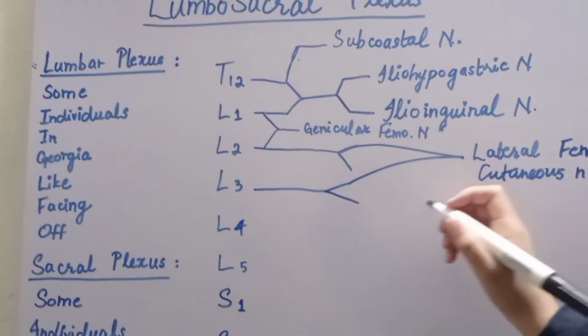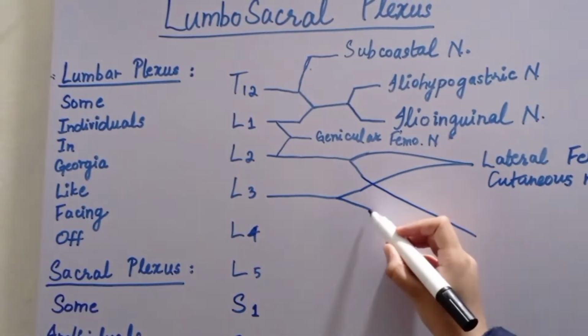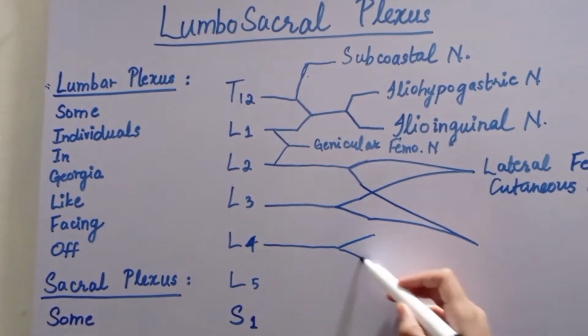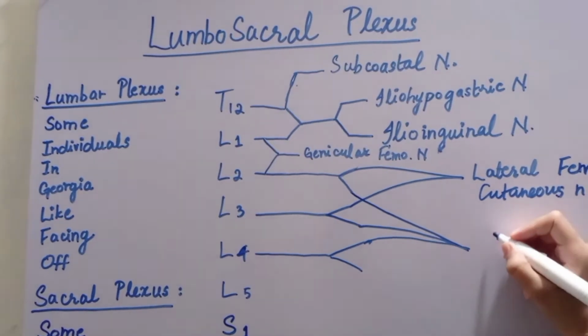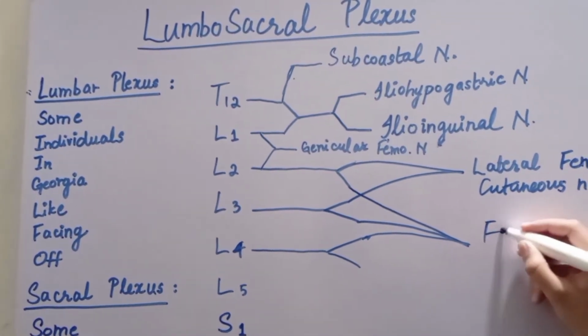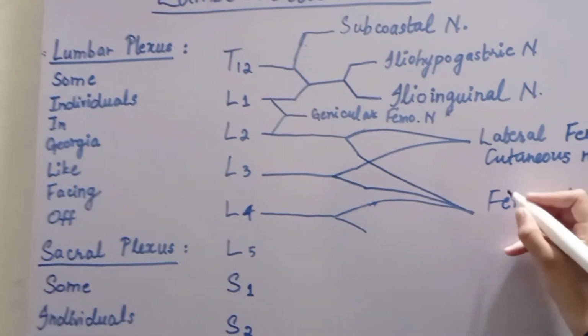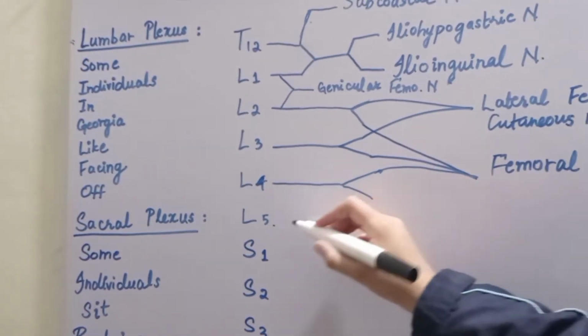Now let's take the posterior branches of L2 and L3 and the anterior branch of L4 and combine them together. This is going to be the femoral nerve. The posterior branches of L2 and L3 and the anterior branch of L4.